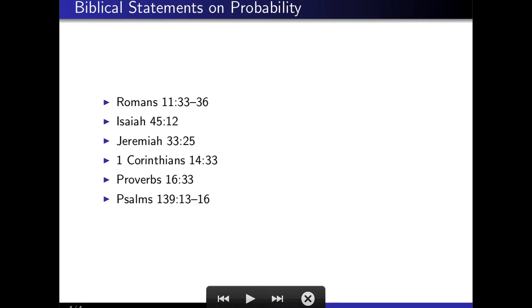So again, what to us appears to be arbitrary or not something that we could know is something that's being clearly planned out by God ahead of time.